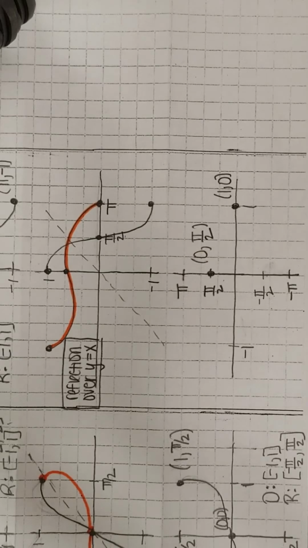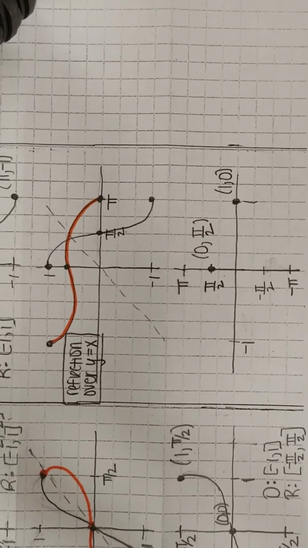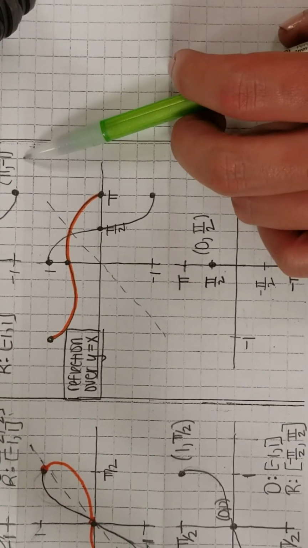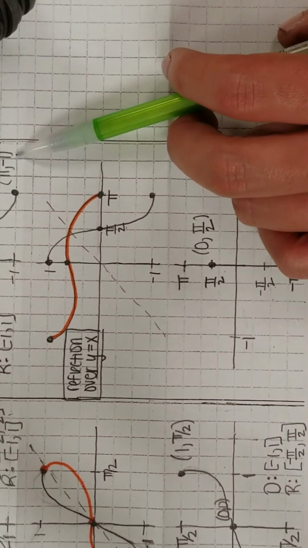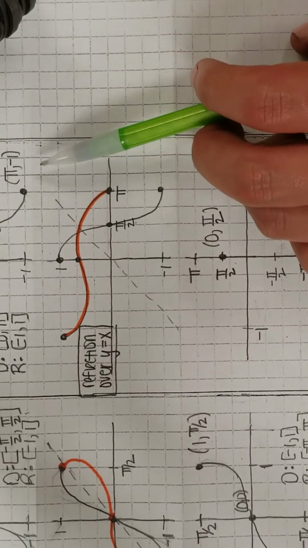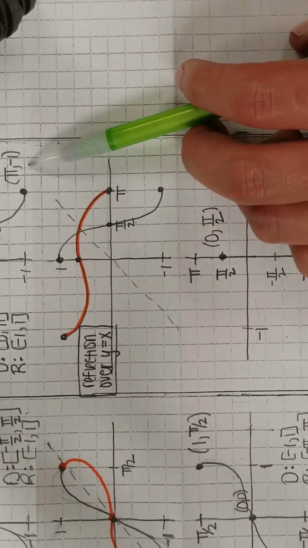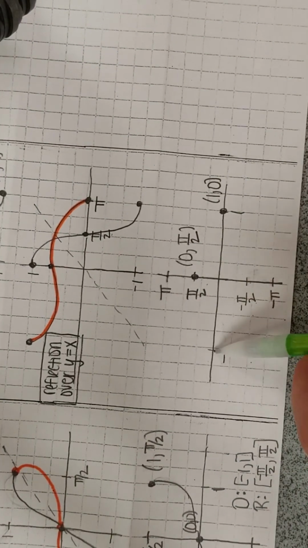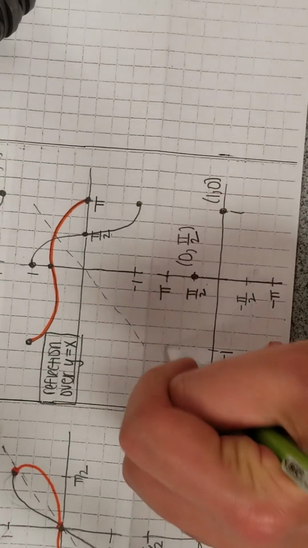And then if I look up there at that restricted cosine of x, that last ordered pair, you can actually kind of see it up here in the corner, pi, -1, that's going to become -1, pi.